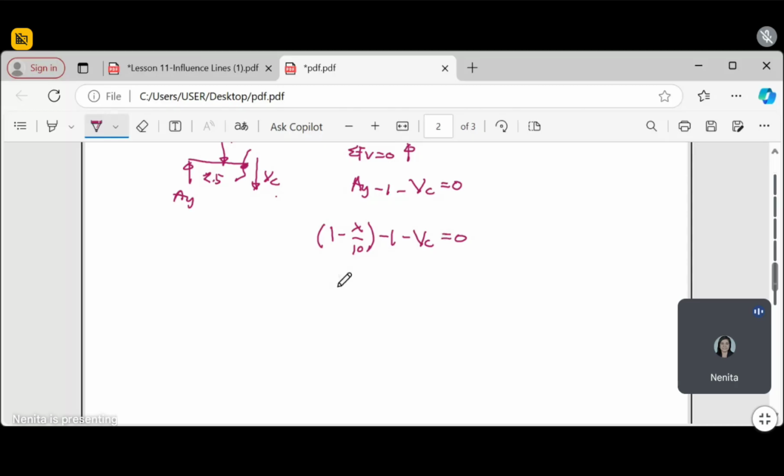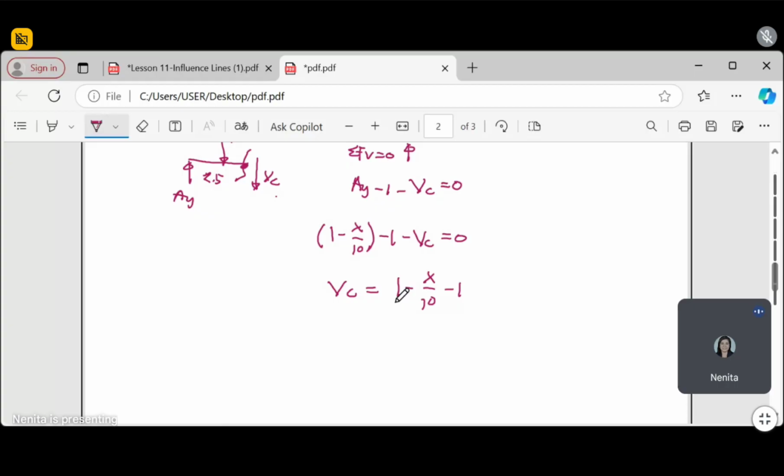So therefore, anong ating B sub C? B sub C is equal to 1 minus x over 10 minus 1. Di ba, mao siya? Minus 1. So, the 1 will cancel.